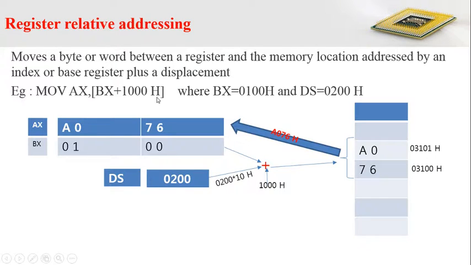That means the displacement value inside a particular data segment or some code segment or stack segment. Here we are considering a data transfer operation, so focus on the data segment register. So that means we need to transfer data from a data segment to some register. So the data segment starting address is available from the data segment register.